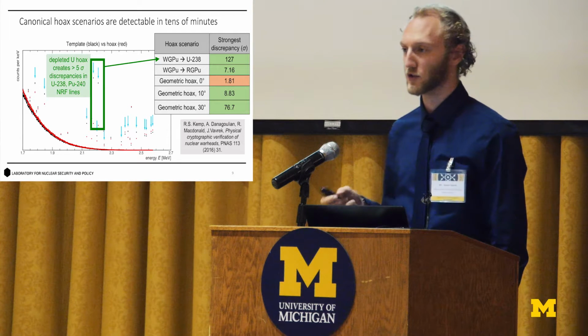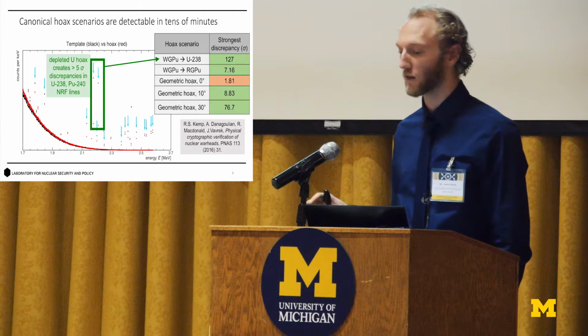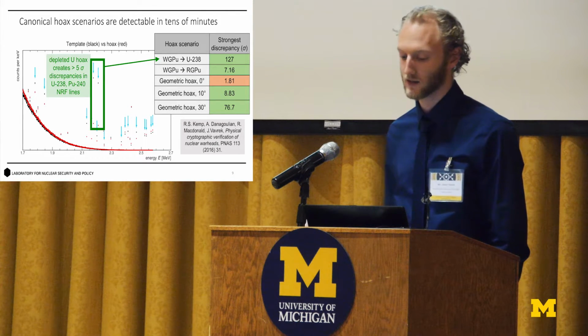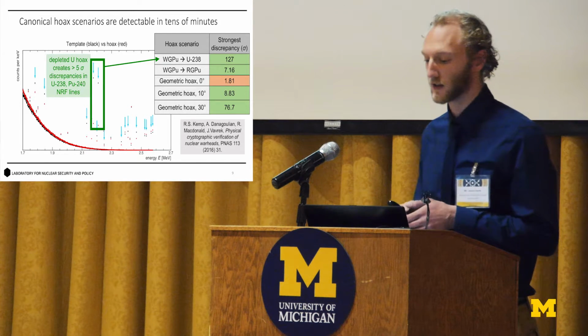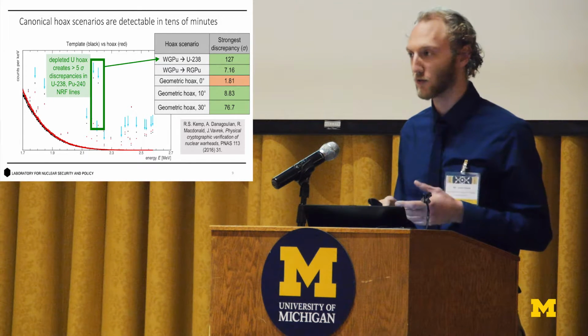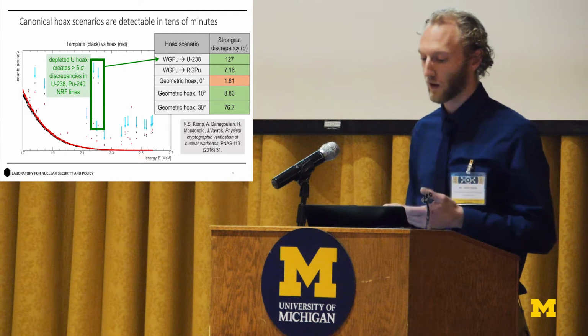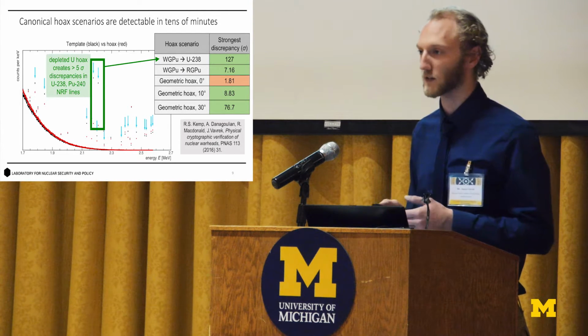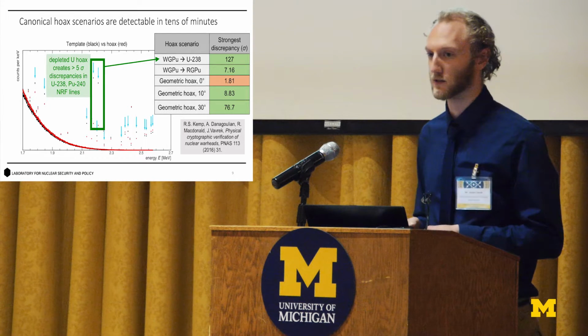As mentioned, we also looked at geometric hoaxes, which again mimic the attenuation profile along the Bremsstrahlung beam axis. So by design, in its initial unrotated configuration, which I chose to exactly match the Black Sea warhead, it's undetectable. However, rotation by even 10 degrees is sufficient to give an 8 or 9 sigma discrepancy.